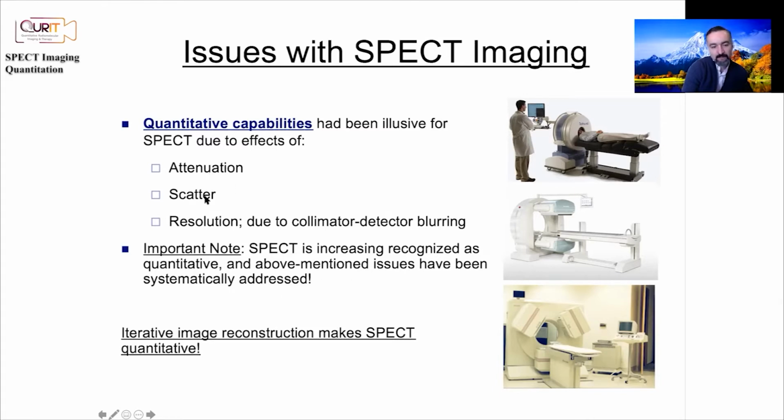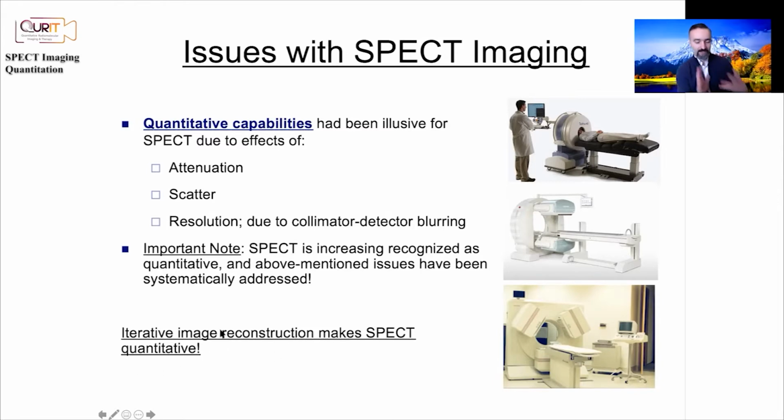Attenuation, then comes scatter, and then comes dealing with those resolution problems that we mentioned in the last lecture too. The fact that as you get away from the gamma camera, the resolution degrades, and how do you deal with that? So statistical iterative image reconstruction has really allowed SPECT to become quantitative.